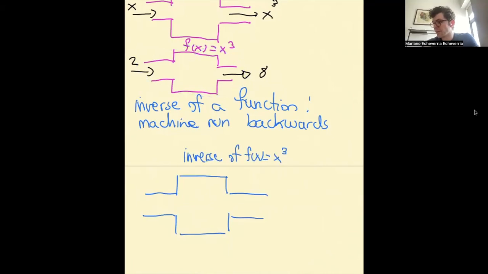That means that if you were to feed 8 to this machine, which was the output before, now this is the input, and in return you get the input from before, which is the new output. It turns 8 into 2.